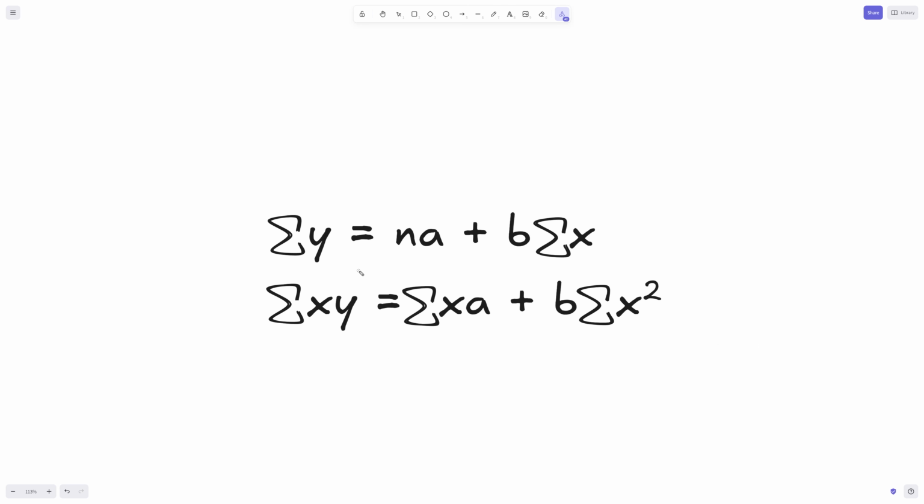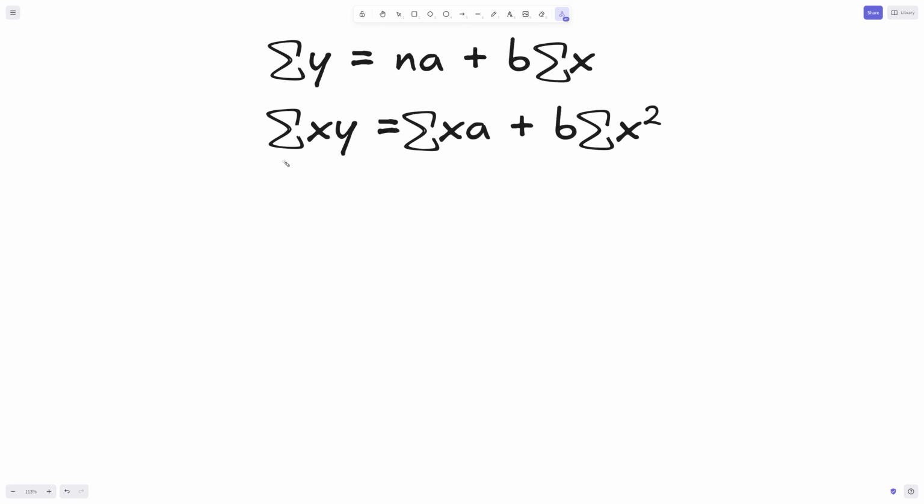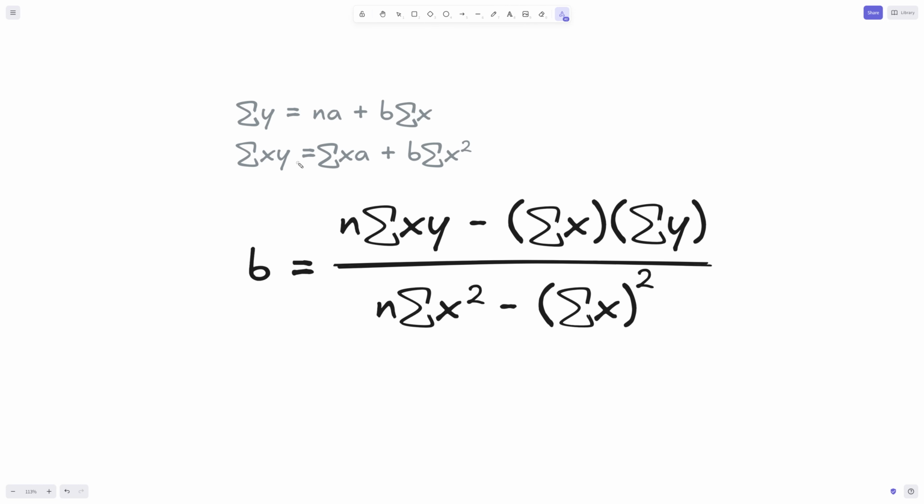Employing some calculus, we can arrive at those two normal equations. And I'm not even going to pretend that I understand it enough to explain how we arrive at those. But using those two, we can derive a function for B, which is the variable cost in our function.